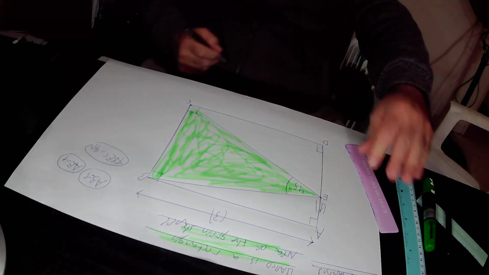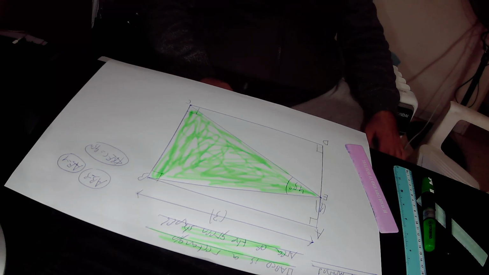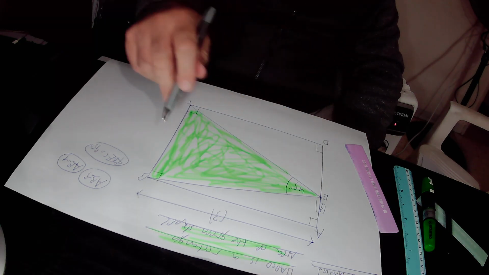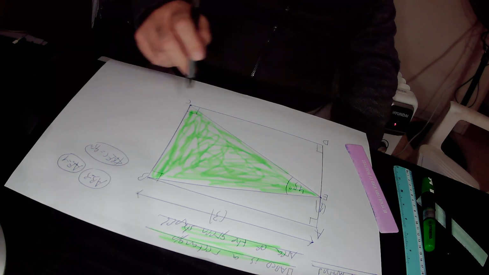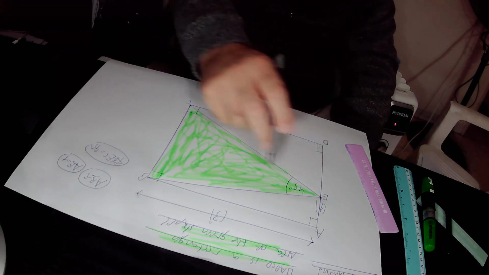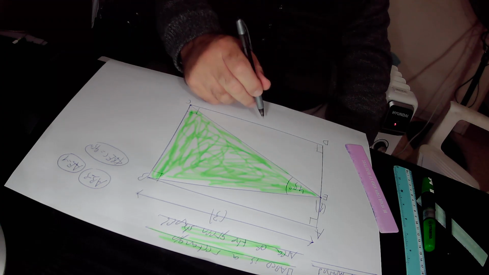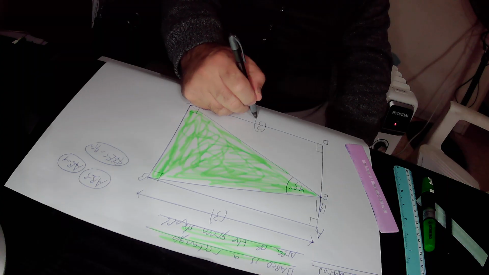In addition, we know that the opposite sides of a rectangle are equal to each other. So in rectangle ABCD, side AB must be equal to the opposite side DC, but AB is 3, therefore the opposite side DC must also be equal to 3 units in its length.